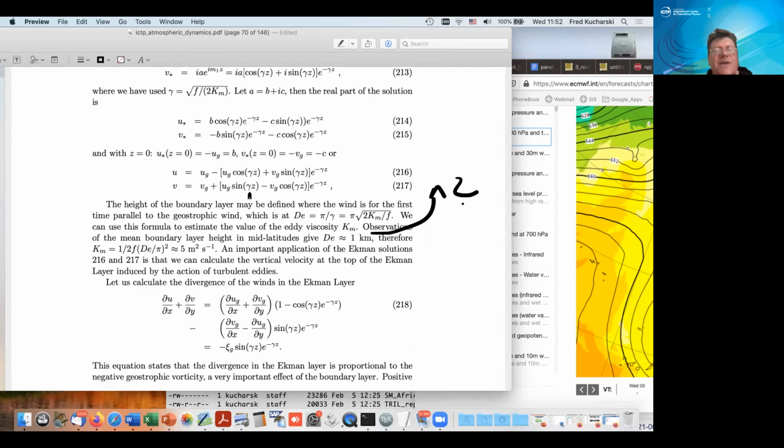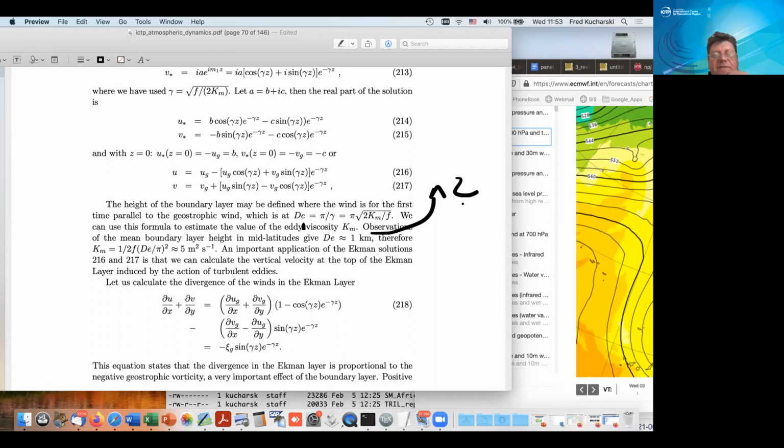And so the sine of gamma z equal to 0 tells us that gamma z, this scale height, what we call dE, the height of the Ekman layer, has to be equal to pi over gamma, because then the sine of this product becomes 0. Then gamma times dE is just pi, and sine of pi is 0.